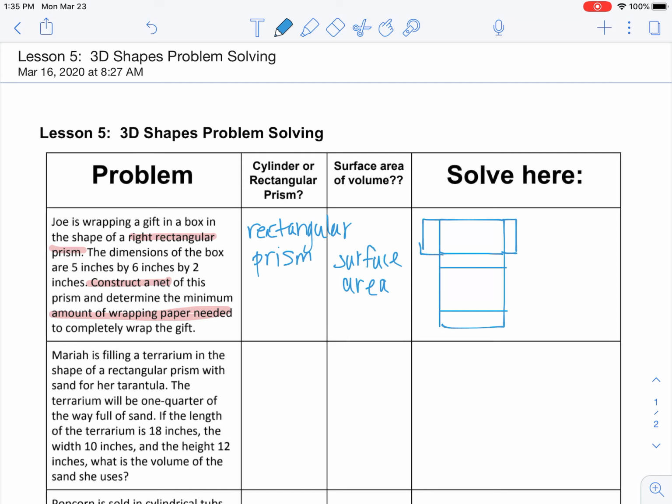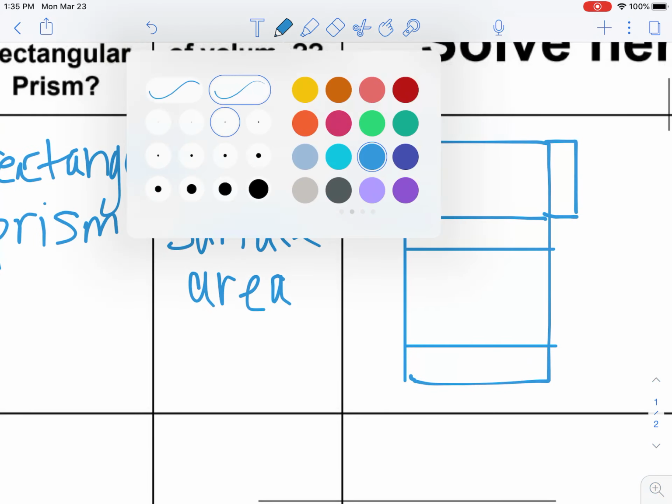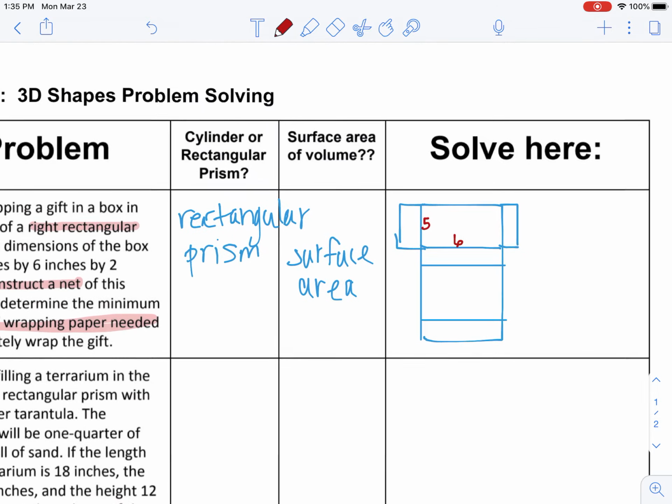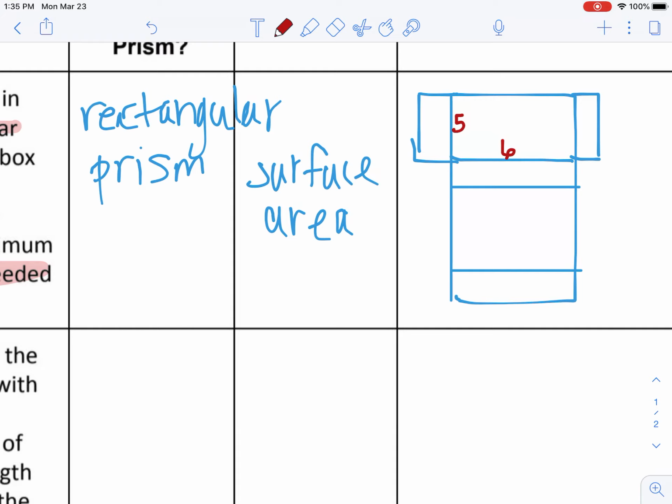Then we have to pay attention to the measurements. It says the dimensions of the box are 5 by 6, so just go with what makes the most sense. When I'm looking at this one, what makes the most sense is that this side is 5 and this side is 6, and then you're missing the measurement of 2. So if you're looking across at this net, this piece has to be 2, which would make all of these pieces right here 2 inches.